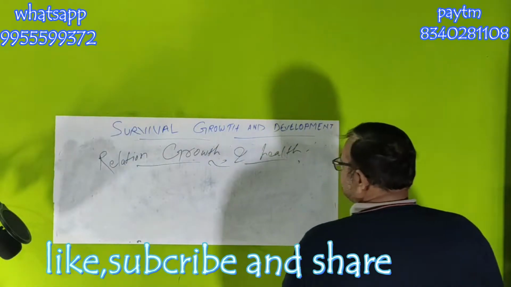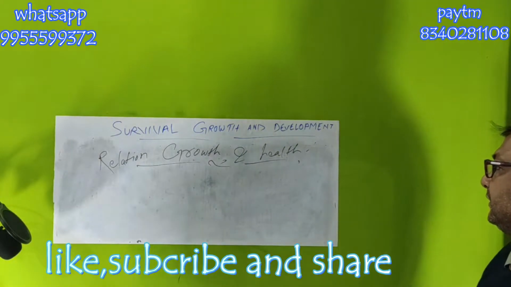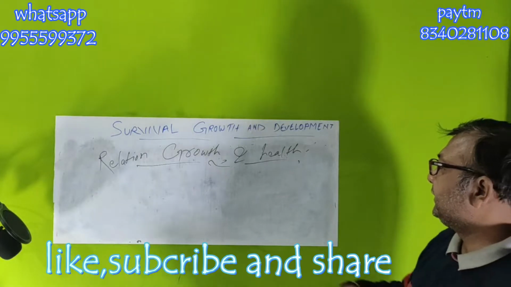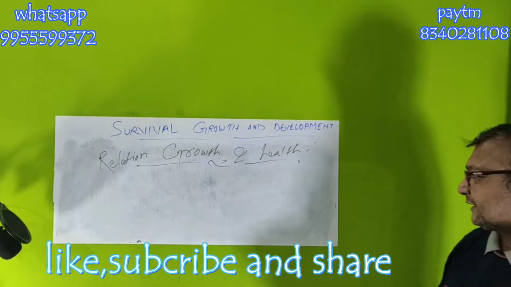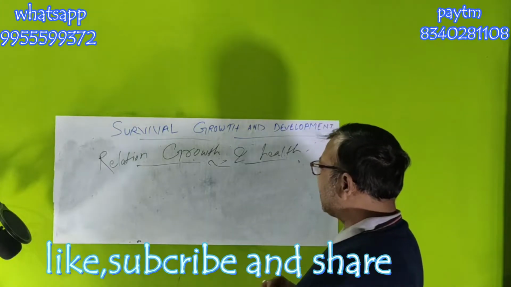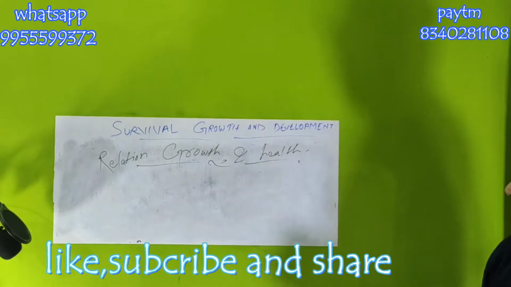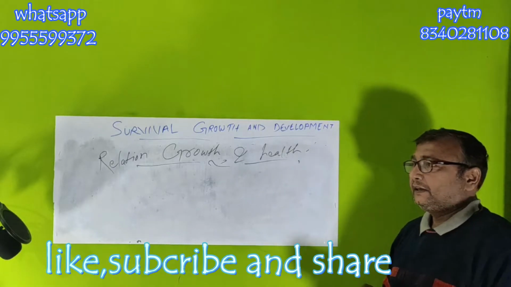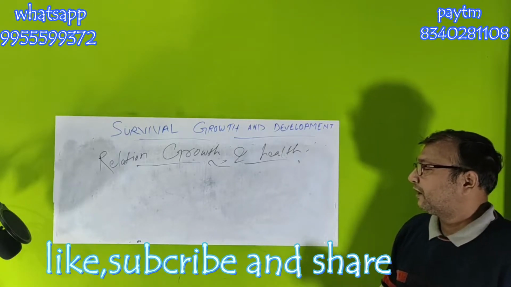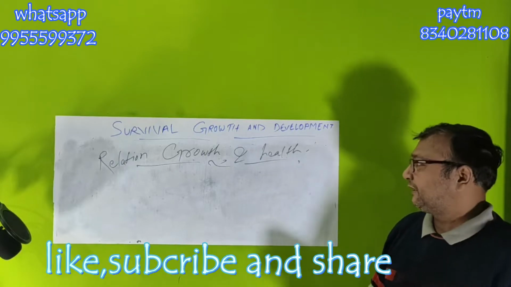As the child is born, its growth depends upon health. So whatever nourishment they are given, we can see any person who has a definite growth, we can't say that he is a healthy person, because he can have some physical or medical defect.